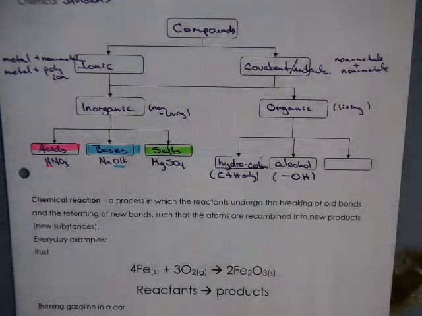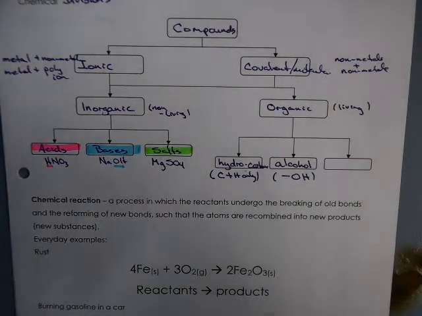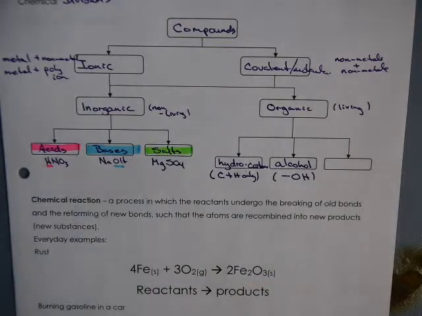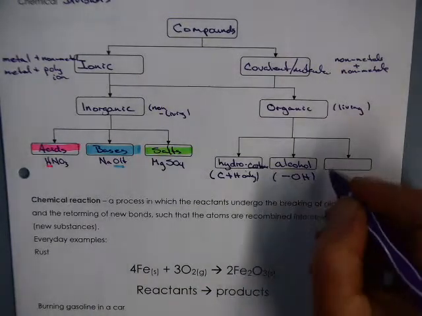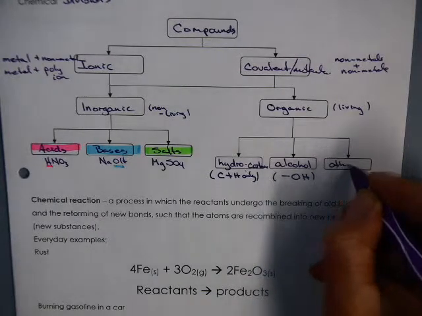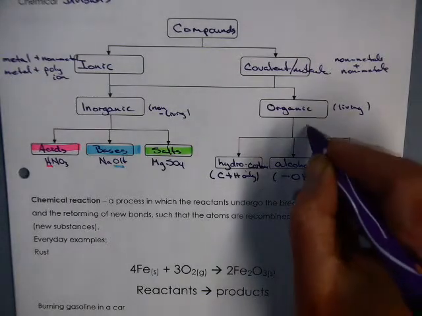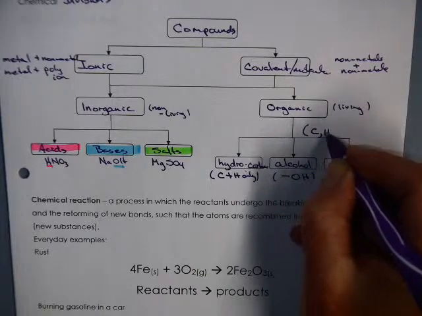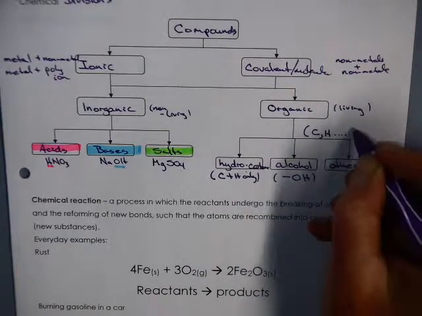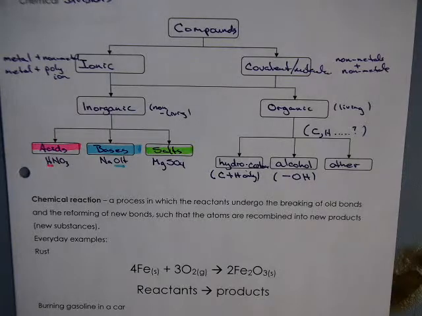There's things like cholesterol. All sorts of stuff. And so that's why this last one, I'm just leaving almost blank. This is just all other things. But in all cases, they all have to have C's, H's, and something else. Okay?